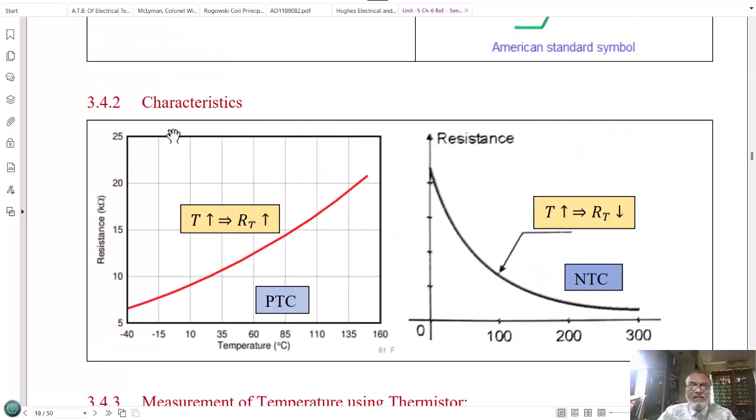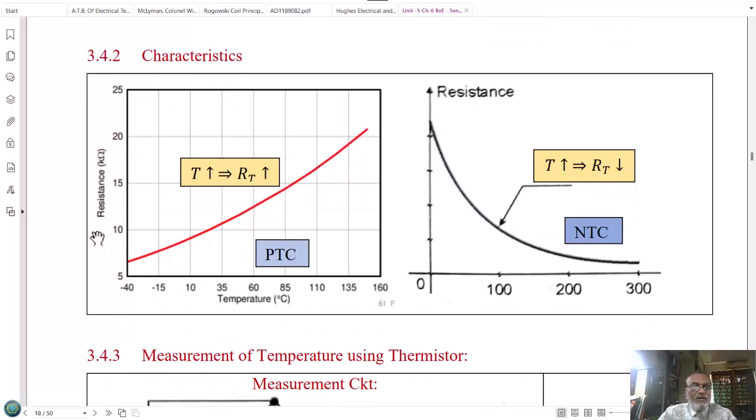The characteristics of the thermistors are shown here. On the y-axis there is the change in resistance in kilo ohm, and on the x-axis there is the change in temperature. You will see that the resistance increases here with change in temperature. This particular thermistor has a positive temperature coefficient of resistance.